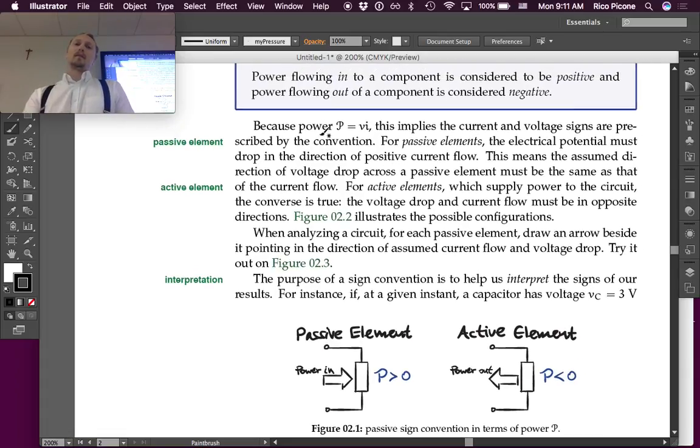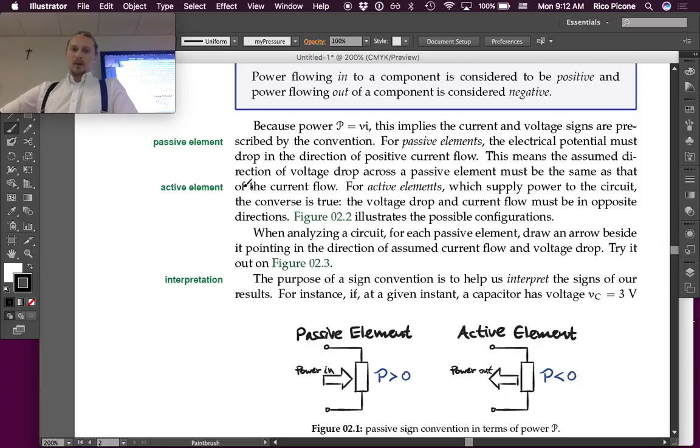Okay. Because power is equal to the product of the voltage and the current, VI, this implies the current and voltage signs are prescribed by the convention. For passive elements, the electrical potential must drop in the direction of positive current flow.